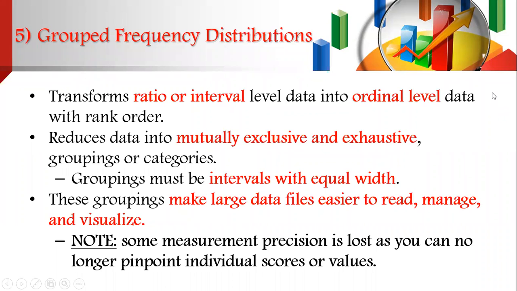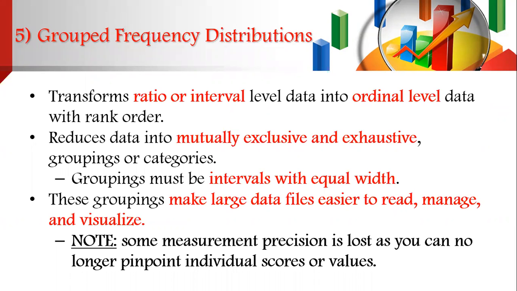Now let's discuss grouped frequency distributions. Grouped frequency distributions involve transforming ratio or interval level data into ordinal level data with rank order. It reduces data into mutually exclusive and exhaustive groupings or categories.